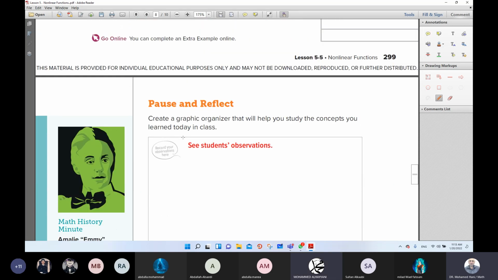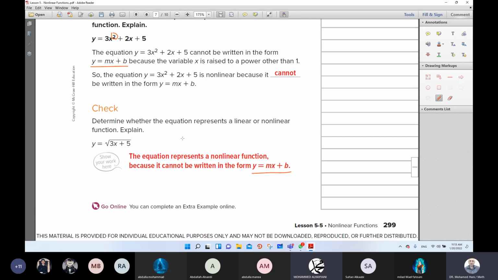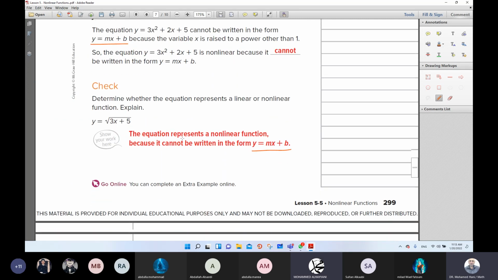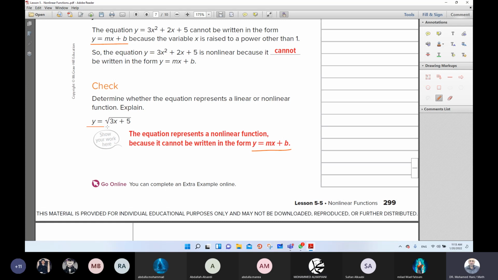Mister, can you explain again why it can't be written in y equal mx plus b, in this example? Yes, the example. Can you write this in the form y equal mx plus b?